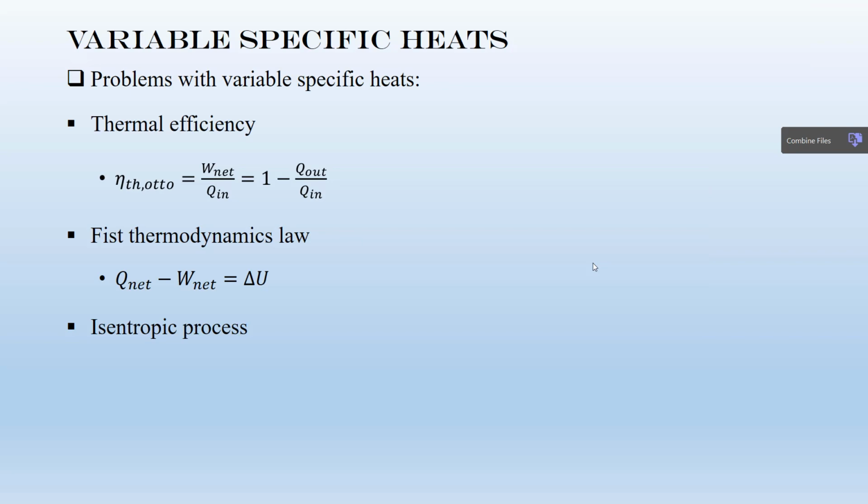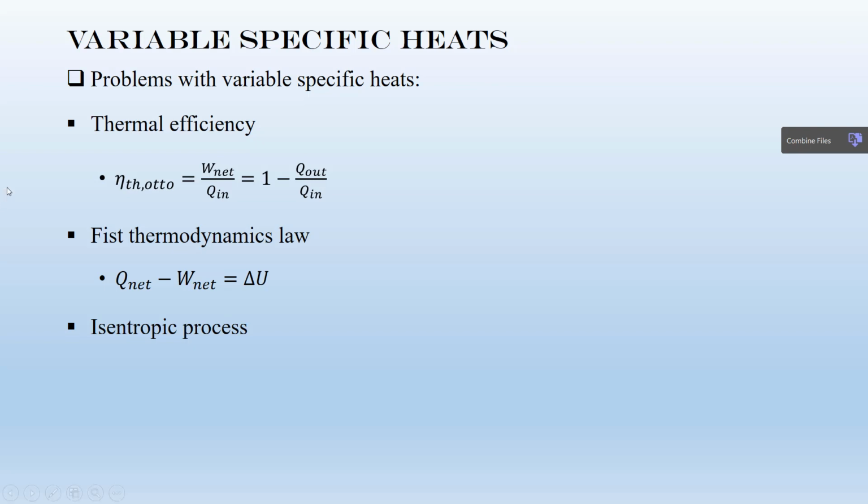The first difference is the equation for the thermal efficiency. If you have a problem with variable specific heats, you are only allowed to use this equation to find the thermal efficiency. You are not allowed to use those equations based on the temperature and/or compression ratio.